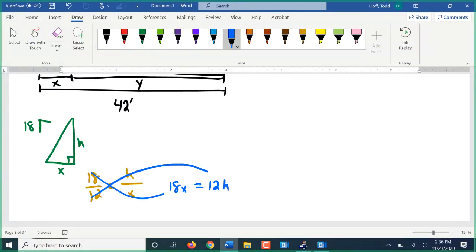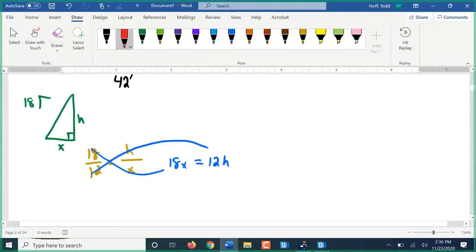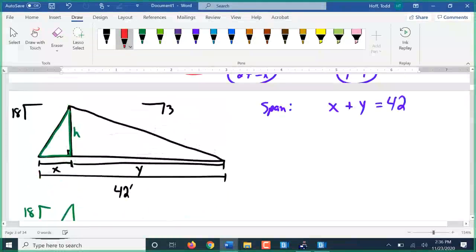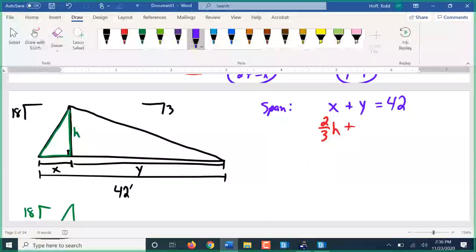Now, even though it's not going to come out to be a nice, neat little number like it did last time, we're still going to solve for x here by dividing by 18. X equals 2/3 of h. That means up here, x is going to be replaced with 2/3 h. Now I'm just going to leave the rest of that blank for now. I'm going to replace y in a minute, but let's figure out what we're going to replace it with.